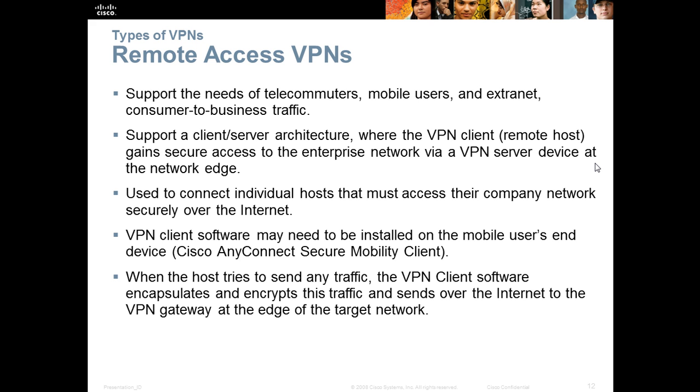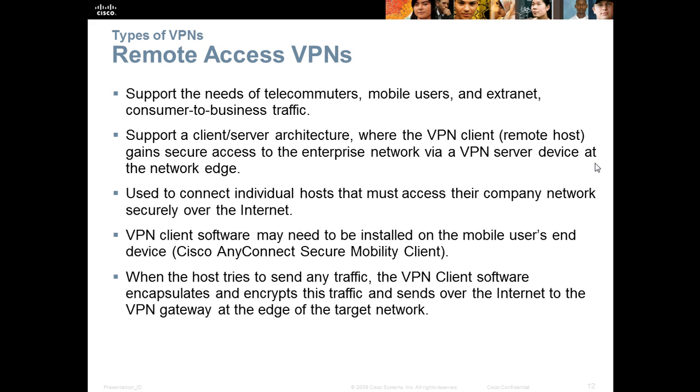It is used to connect individual hosts that must access their company network securely over the internet. Remote access VPN client software may need to be installed on the mobile user's end device. Cisco AnyConnect Secure Mobility Client is one such software.